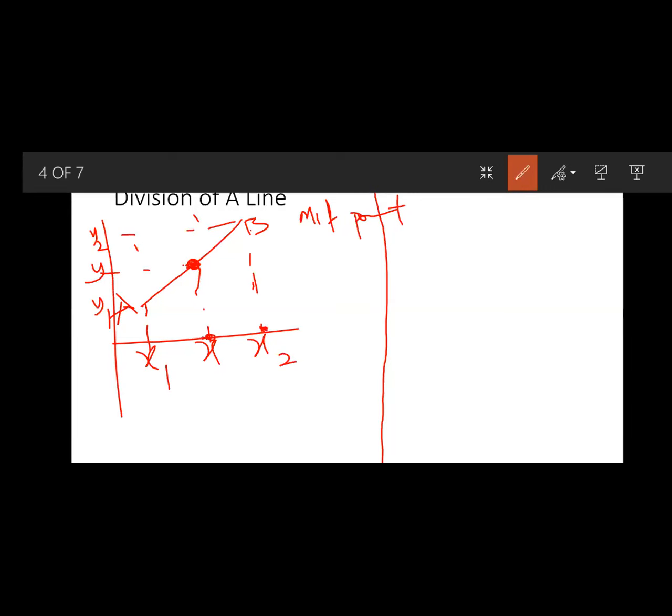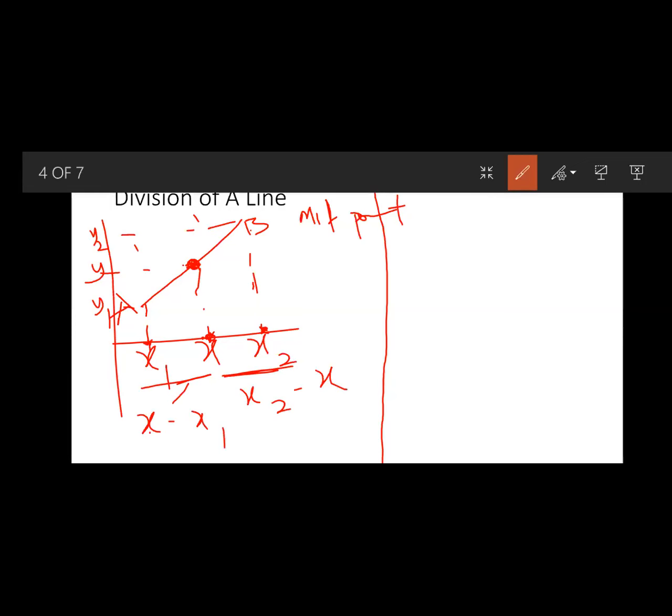From what we have learned earlier, this distance will be x2 minus x, and this distance will be x minus x1: the further one minus the closer one.